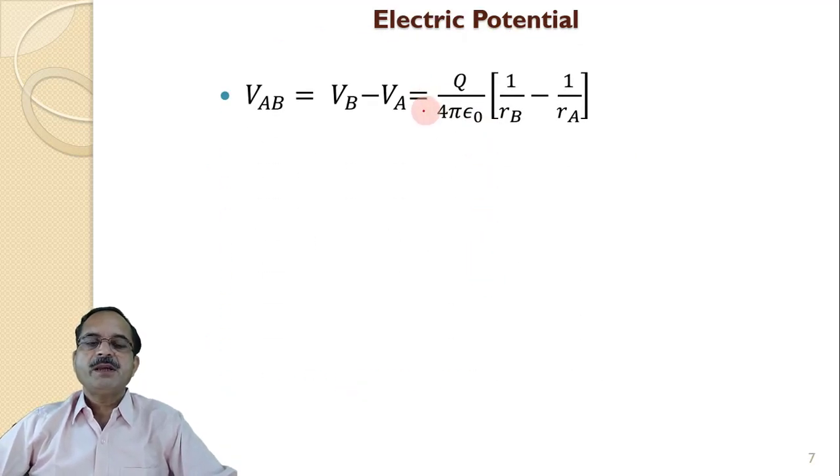Now continuing with the same equation, VAB equal to VB minus VA, q upon 4 pi epsilon 0, 1 upon RB minus 1 upon RA. So we said that this first part is VB, and the second part is VA, that is potential at B minus potential at A. Now let us assume here that point A is shifted to infinity.